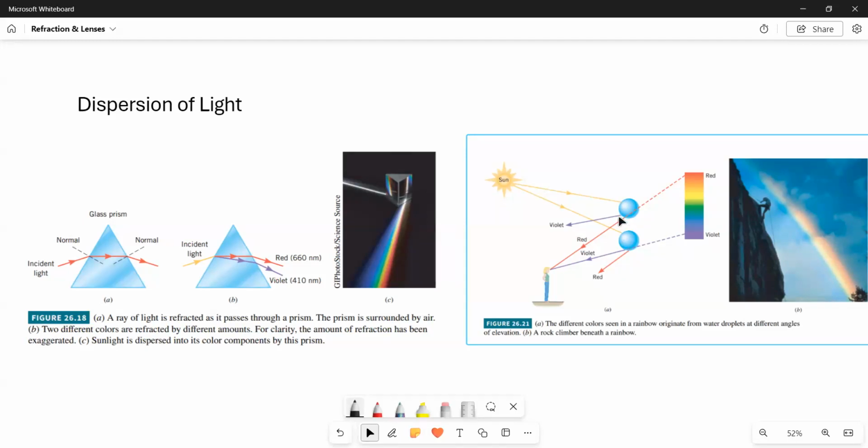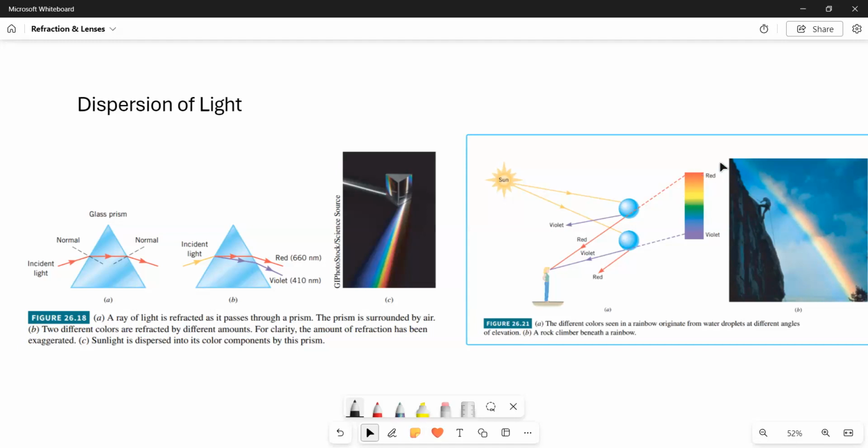But guess what? It's going to break up the light into its component frequencies and reflect and refract it at different angles. And what is going to happen? Well, you see what you call the rainbow, right?